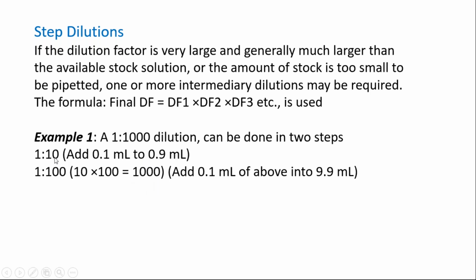So the first dilution is take 0.1 ml and add 0.9 ml, you get 10. Now take 0.1 ml of this and dilute to 9.9. So you can do step dilutions, and your final dilution will be dilution factor 1 multiplied by 2 multiplied by 3. So it could be 10 or it could be 100.